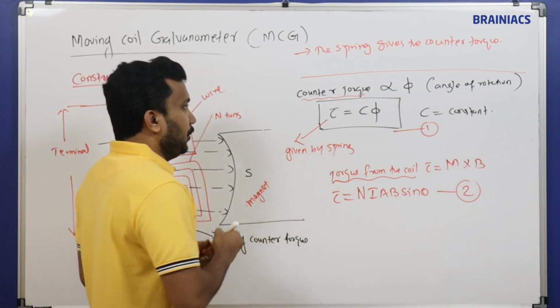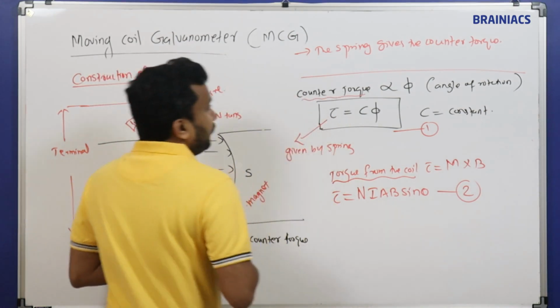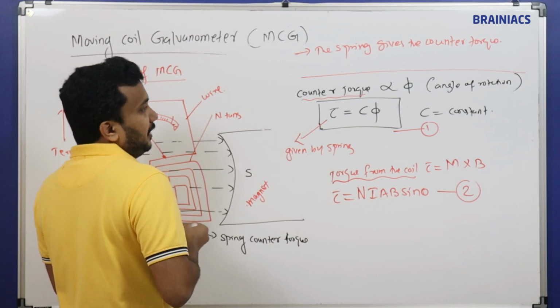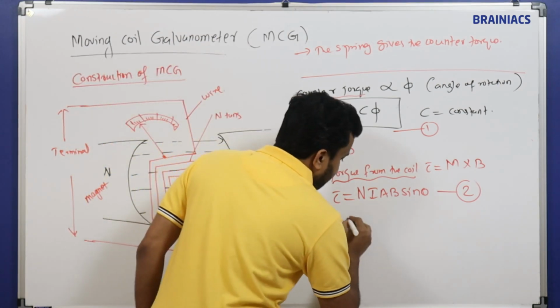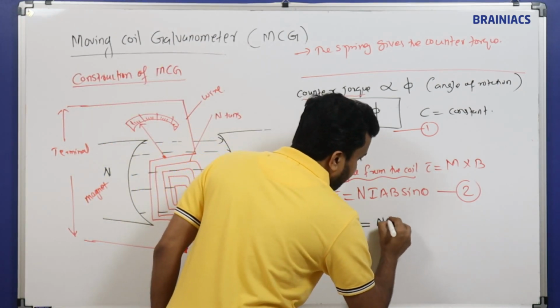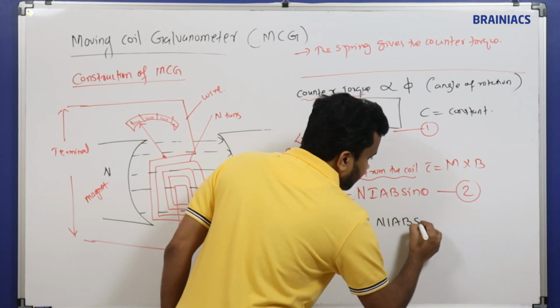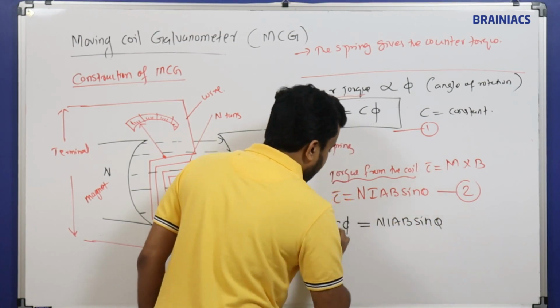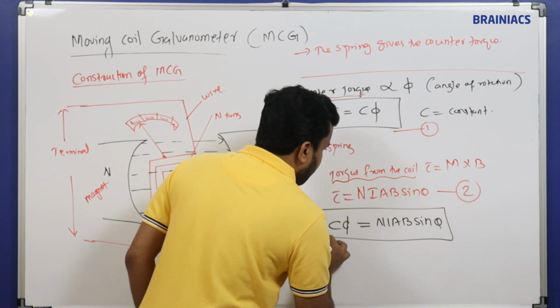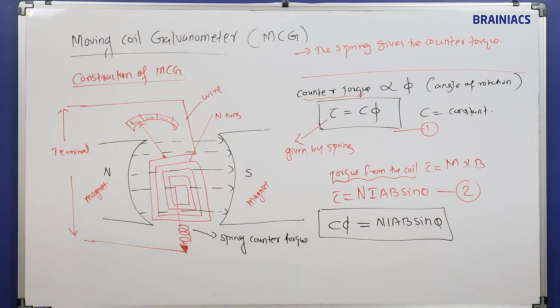So C phi is equal to NIAB sin theta. This is important. This is what is actually within the galvanometer. Both the torques will be equal.